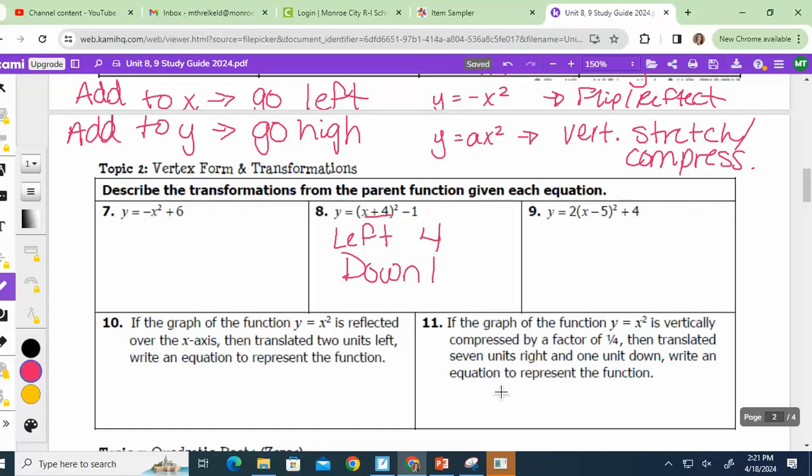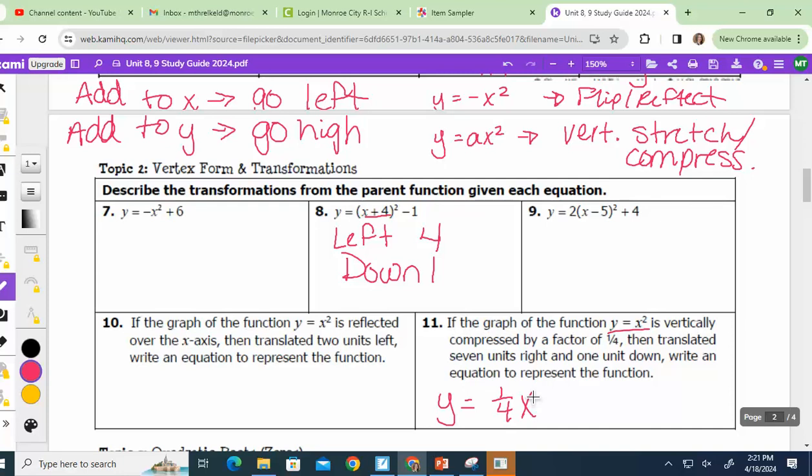All right, number 11 is asking me to write the equation. So we're starting with y equals x squared. If it's vertically compressed by 1/4, what does that mean? I thought that, because on the example problem, you had 5/1 and then 1/5, and since it was 1/4, I put 4/5.